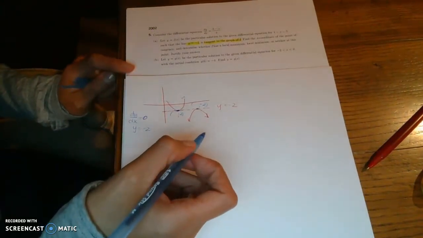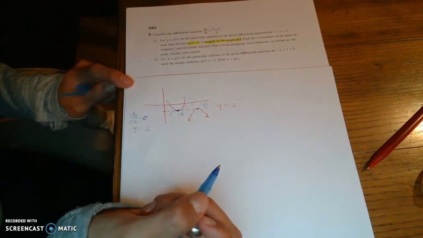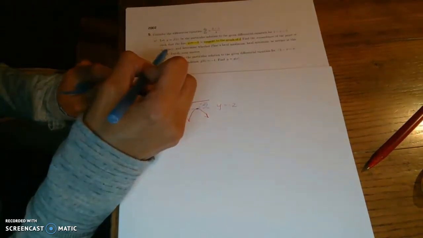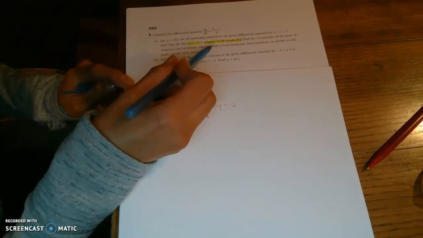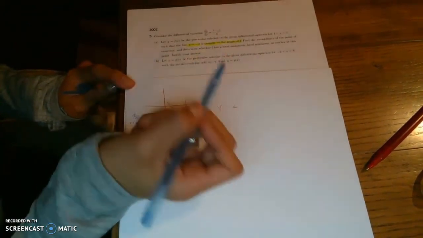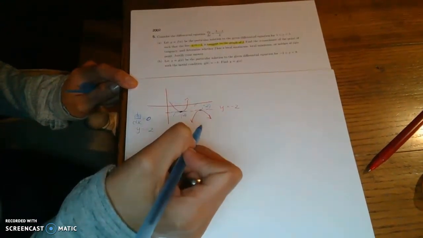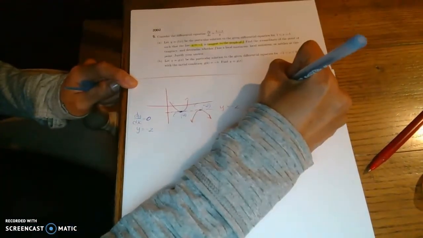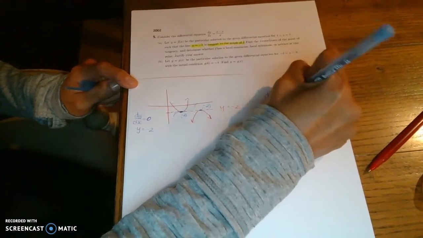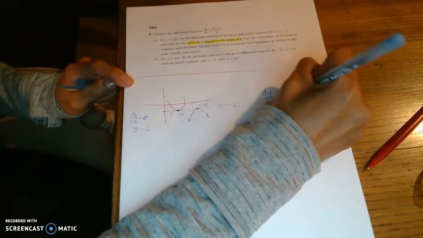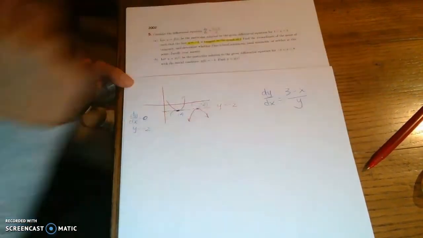So let's continue reading. It says find the x value of the point of tangency and determine whether f has a local max or min. All right, so now they're asking me to find the point. And I go, okay, well, what information did they give me? They gave me that dy dx, which is fancy for the slope, is represented by this.